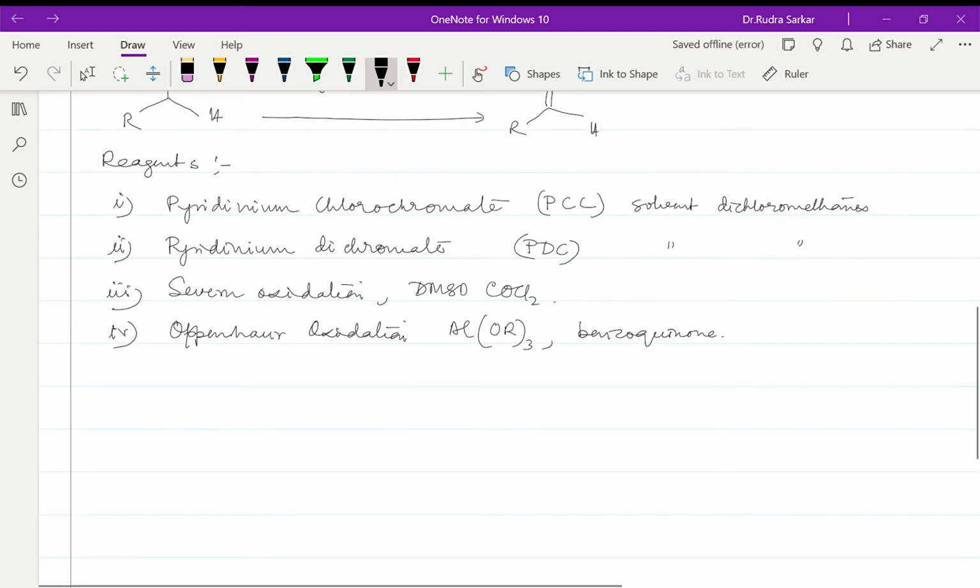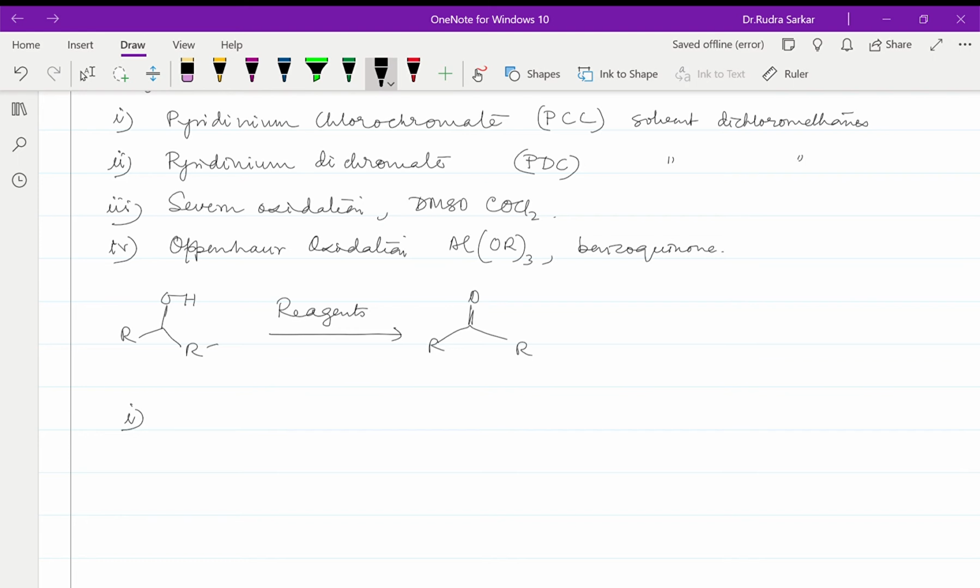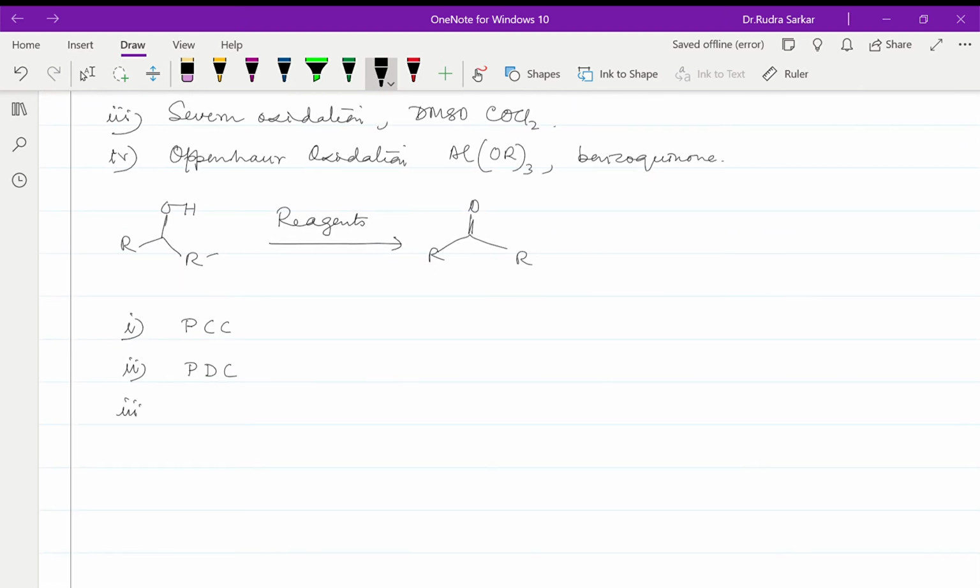And if we were to consider oxidation of a second degree alcohol, then we will consider, again, reagents: PCC, PDC, Swern oxidation.